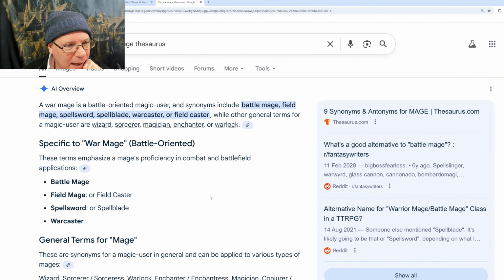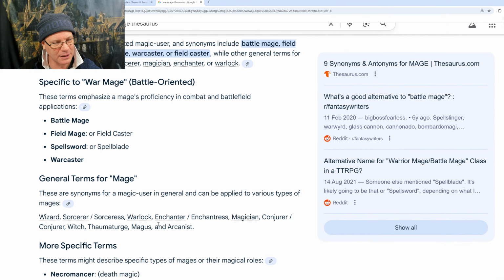There's two. Field Mage. I don't want to put down Field Mage because it's two words and I don't feel like it flows very well together, so let's leave that alone. I don't want to call them a wizard. I don't want to call them a sorcerer because, unfortunately, again, we have a class that's called sorcerer, so I don't think they're really a sorcerer.